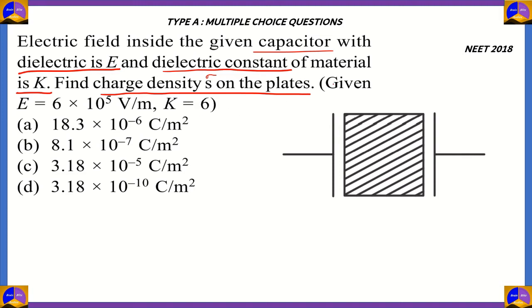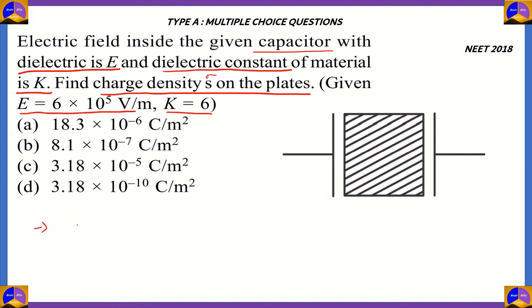So we need to find out the charge density when we have the values of E and K given. We know that E equals 6 into 10 raised to 5 volts per meter and K equals 6. So we need to find out the value of sigma, the charge density on the plate.